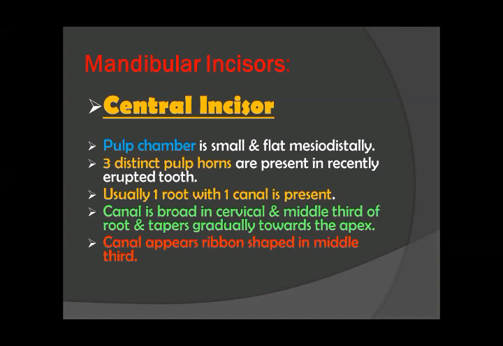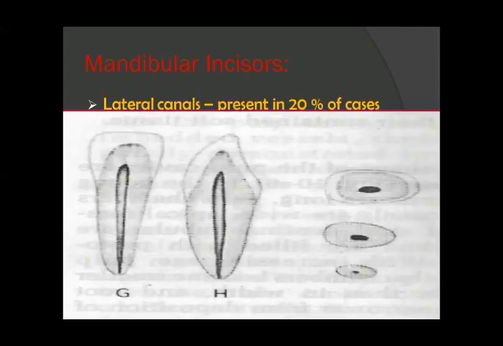Canal is broad in cervical and middle third of root and tapers gradually towards the apex. Canal appears ribbon shaped in middle third. Lateral canals present in 20% of cases.